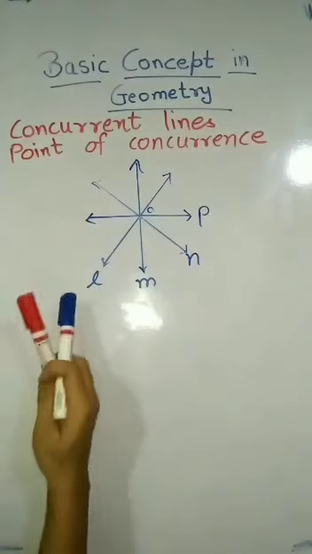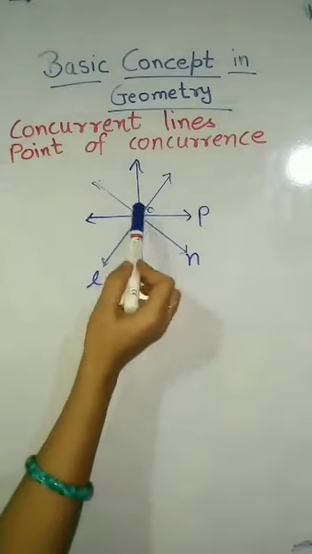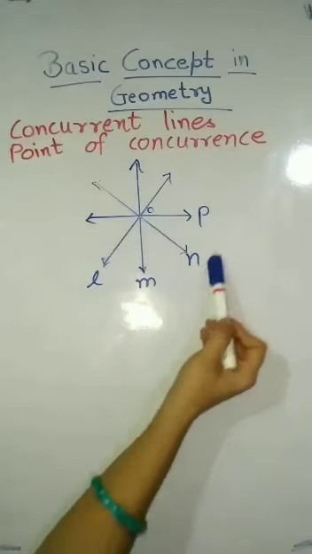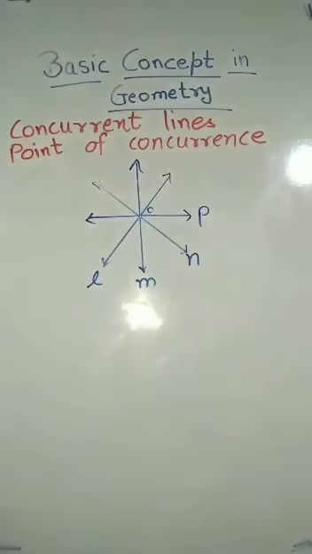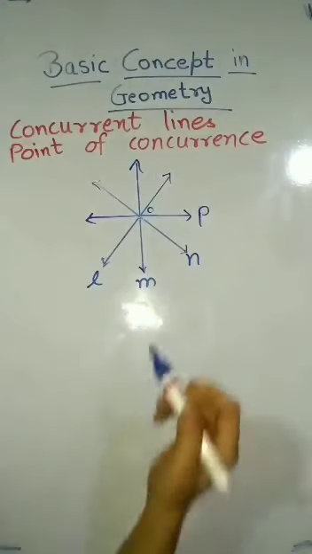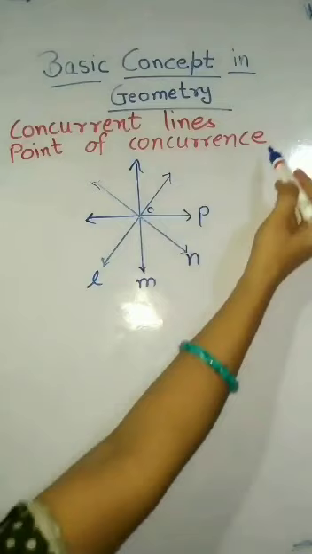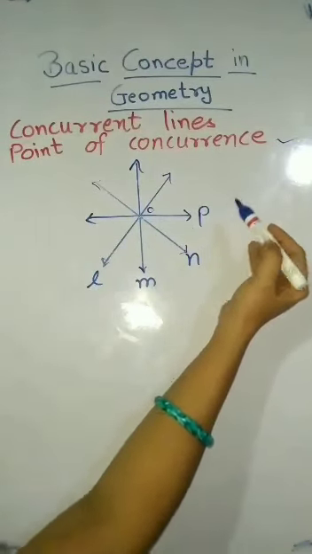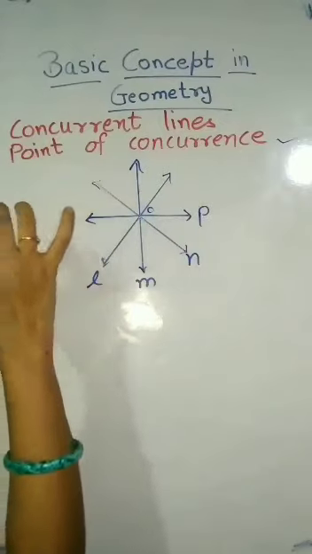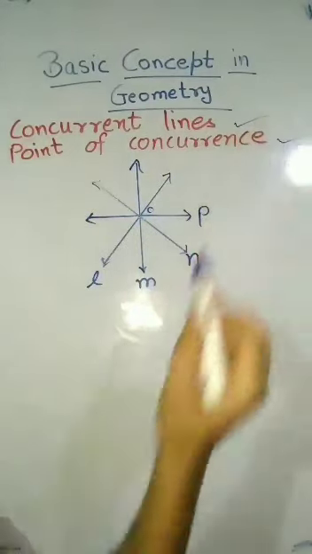These are the concurrent lines, means from this point infinite numbers of lines are passing, means line L, line M, line N and line P. Then O is called the point of concurrence, and these lines are called the concurrent lines.